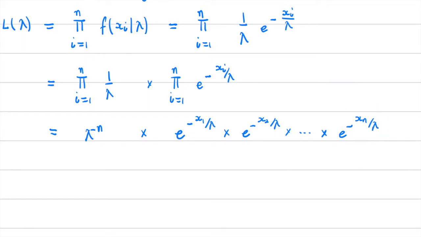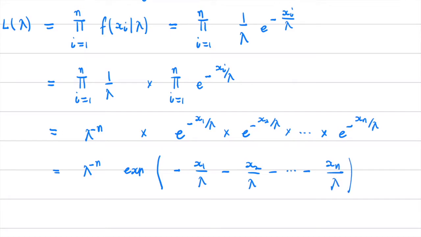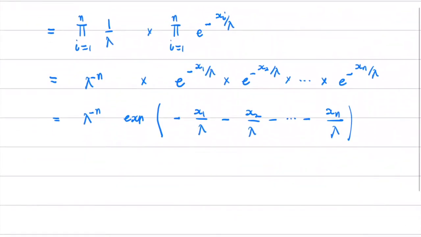And so what we end up with is lambda to the negative n exp of the sum of all of these terms. So I'm going to write that as negative x1 on lambda minus x2 on lambda minus dot dot dot minus xn on lambda.